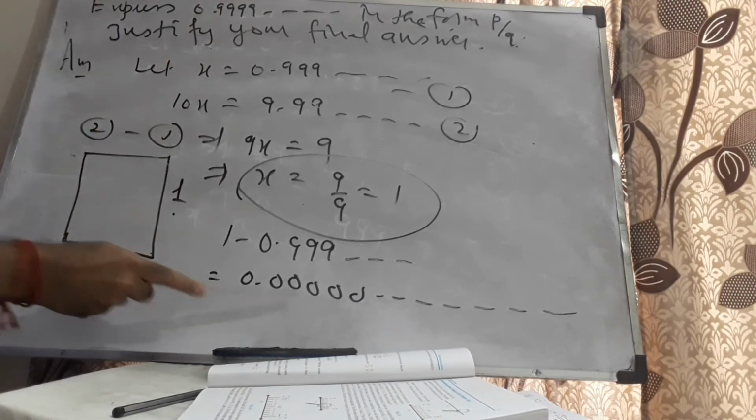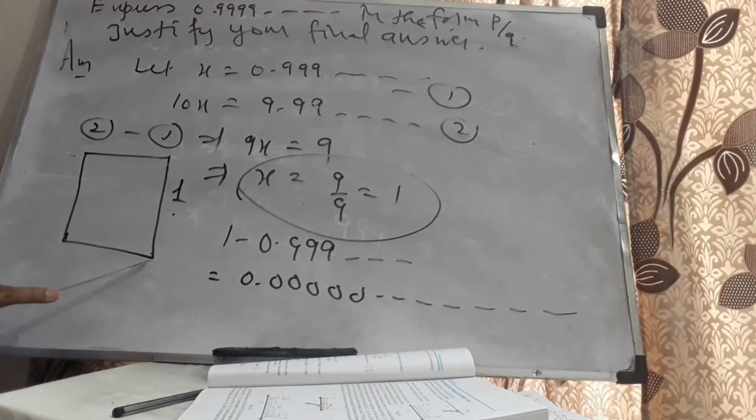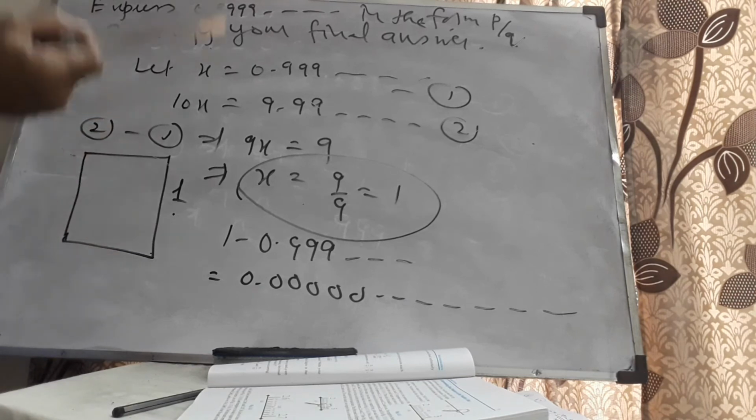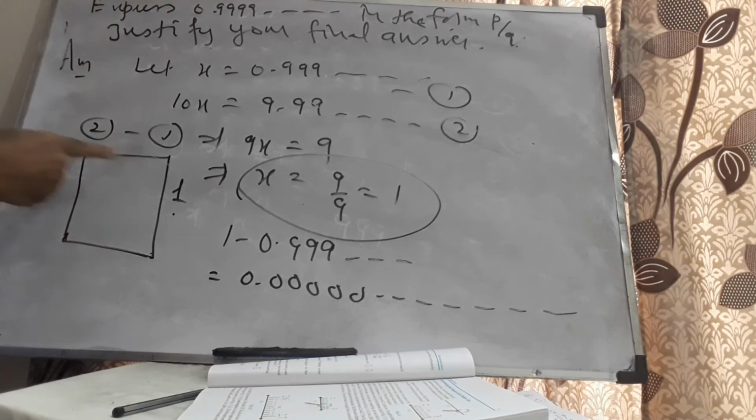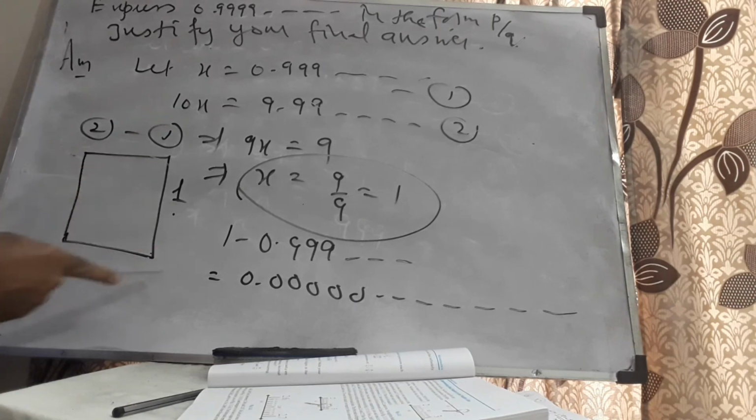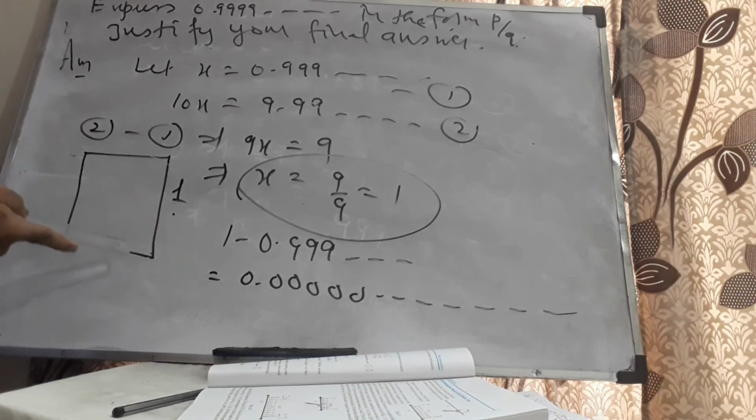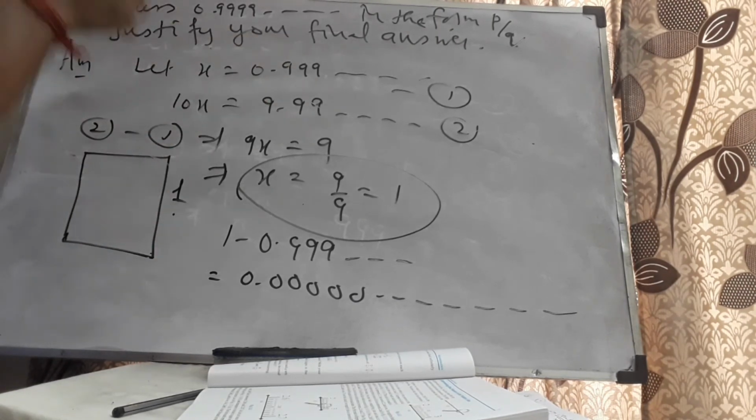If you represent this quantity in this sheet of paper, it is as tiny as possible. It's a very tiny paper which we may not be able to look at with our normal eyes. Maybe we use a microscope to see that sheet of paper. Therefore, taking this tiny sheet of paper away from this makes no difference in the size of the paper. It remains the same. Therefore, 1 is as equal as this value.